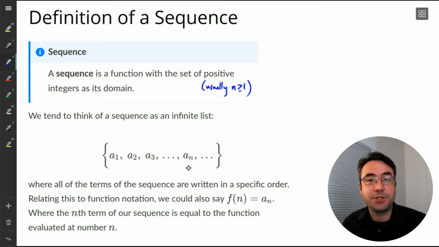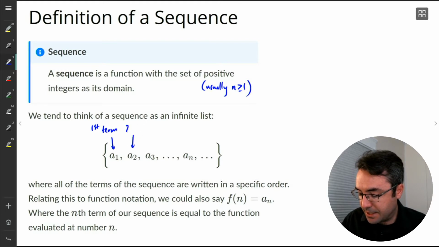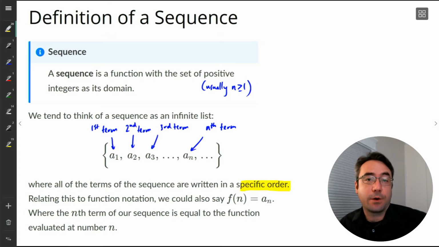And then we have our nth general term. The key word here is order. There's a first term, a second term, third term, and so on.